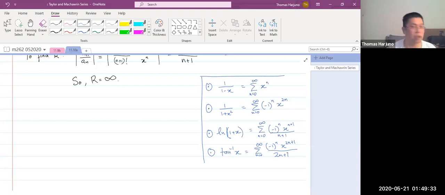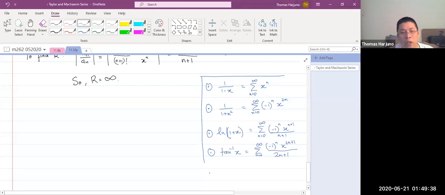Memorize that. So just now we get one more thing for our list: e to the x is the series from 0 to infinity of 1 over n factorial x to the n.